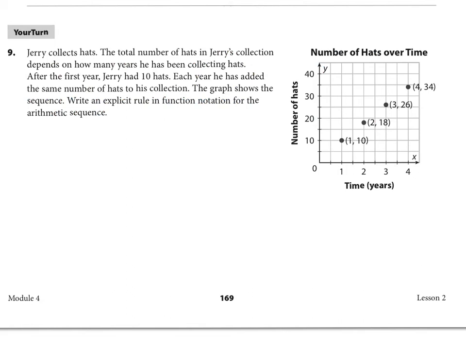All right, let's do one more here real quick. Same sort of thing. It says the graph shows a sequence. Write an explicit rule in function notation. So we're doing explicit. I need to find my slope. What's happening here? We're going up 8 every time. For the book, it's f of n equals first term, which is 10, plus slope times n minus 1.